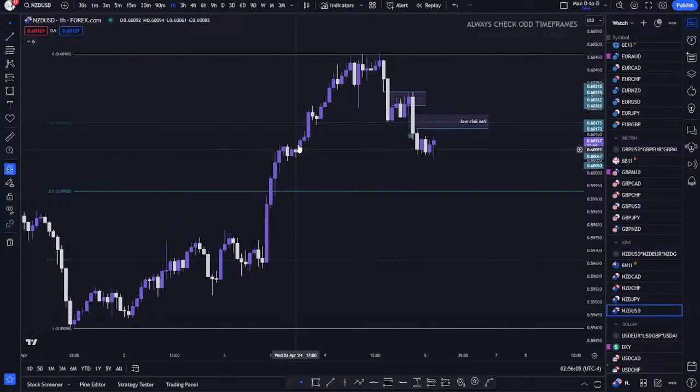These bearish candles, they supported higher prices, so you should be looking for the other way around now. These two bearish candles should support lower prices now. So I don't even want to see NZD USD take out this high anymore. I set my order at that level. And I'm looking for a rejection from there.